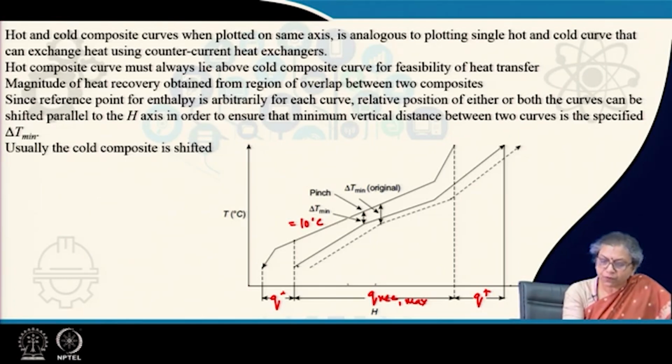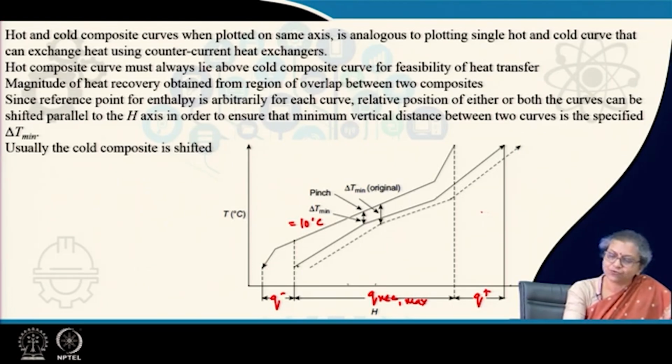And another interesting thing, if you try to bring this curve much closer such that maybe they both start from the same enthalpy point, you do not think that if you keep on decreasing delta T min you are going to save, because after one point of time you will find that the more amount of utility you are saving on this side, an equal amount of utility will be spent on the opposite side.